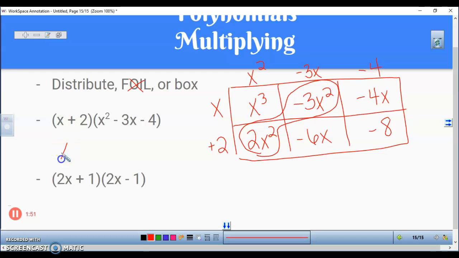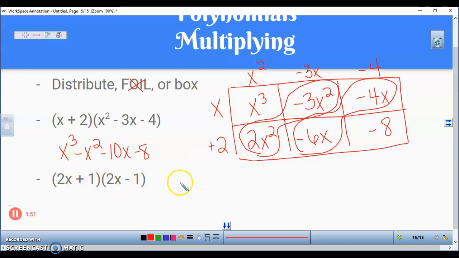So this would give me x to the third, because I always want to write it in standard form, and that's my highest exponent. Then I'm going to have negative x squared, negative 10x, minus 8. And that negative 10 came from negative 6x minus 4x. That's my final simplified answer. So that would be a polynomial with a degree of 3, a cubic polynomial.